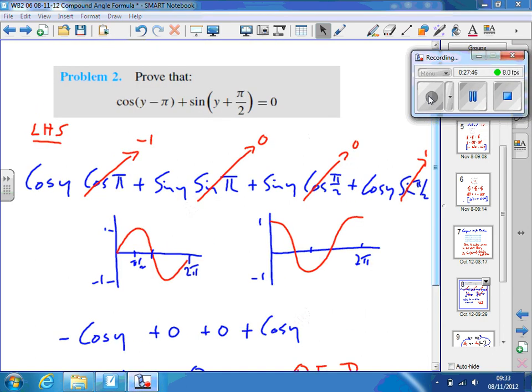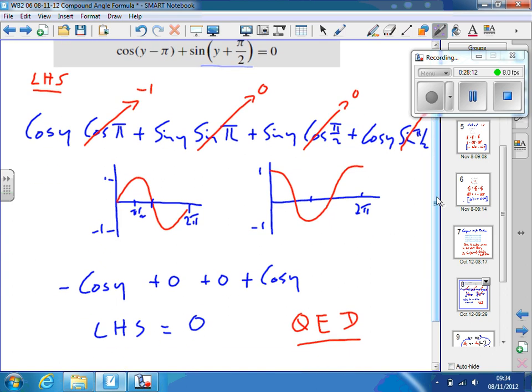So what did we do here to make this proof? Prove that this equals 0. To do that, we don't write it as an equation. We just focus on the left-hand side and try and prove that that equals 0. So we rewrite the left-hand side by looking for trigonometric identities that will help. And the compound angle formulae help here, because we can split this up.